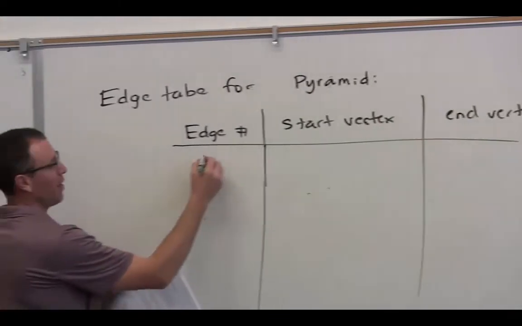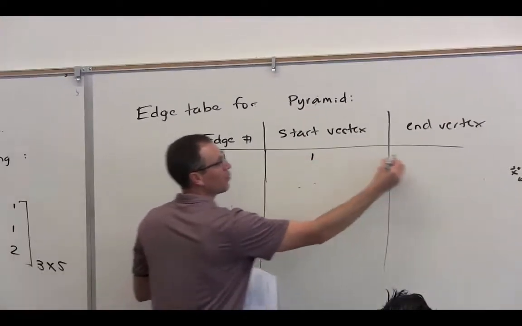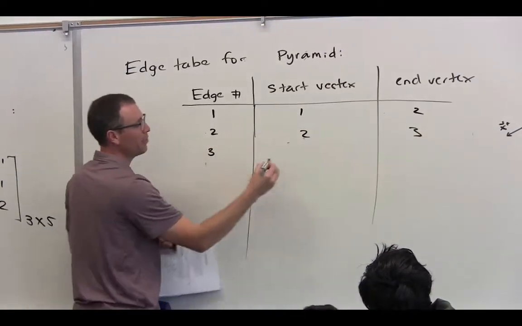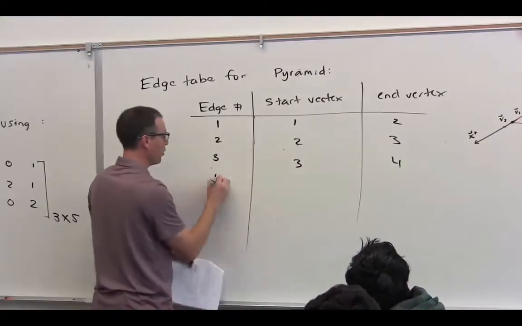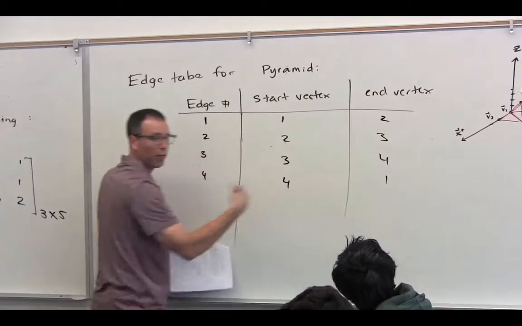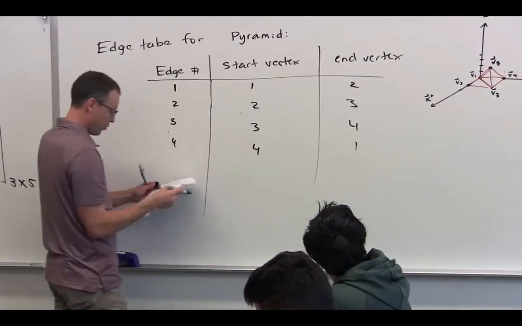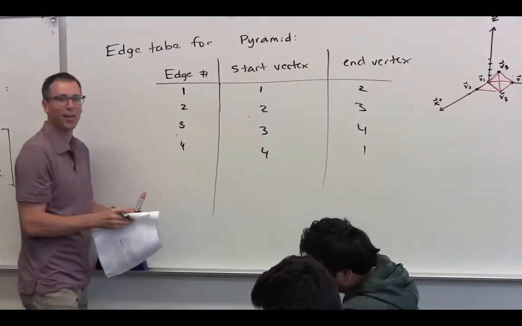Let's go ahead and list the edges. Edge 1, maybe we said connected vertex 1 and 2. What did edge 2 do? 2 and 3. What did edge 3 do? 3 and 4. What did edge 4 do? 4 and 1, or 1 and 4. If I'm not caring about order, it doesn't really matter. Edge 5, I guess it really depends on what we define to be edge 5, right?